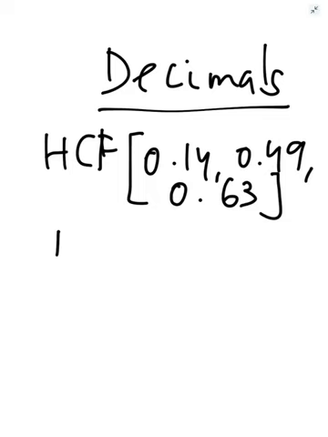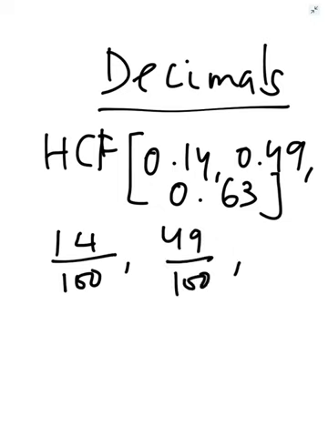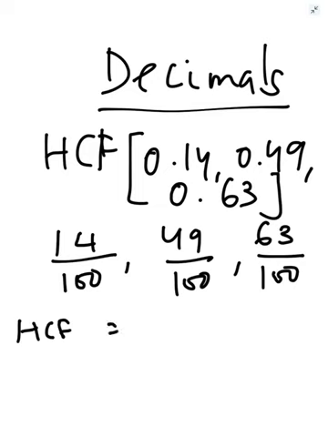So 0.14 I can write as 14 upon 100. 0.49 can be converted to 49 by 100 and 0.63 to 63 by 100. We have to find the HCF. So HCF of 14, 49 and 63. You can clearly see these are all multiples of 7.